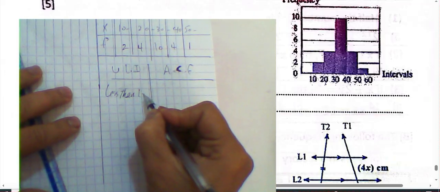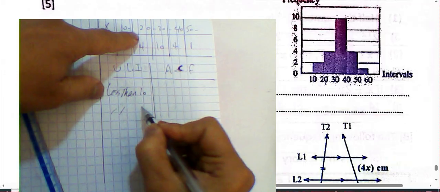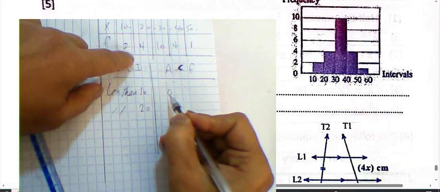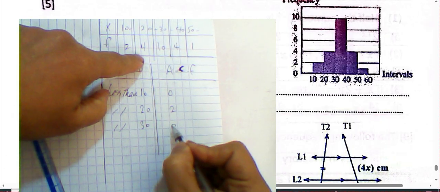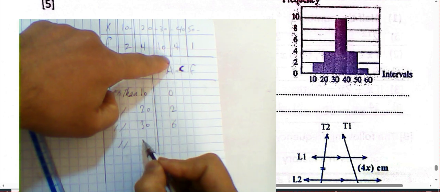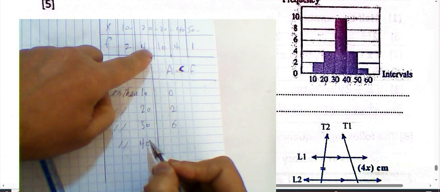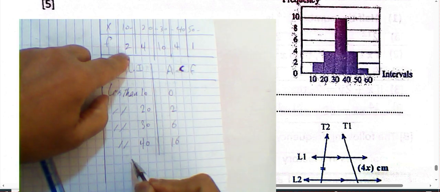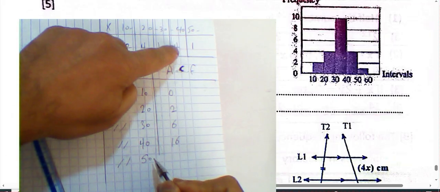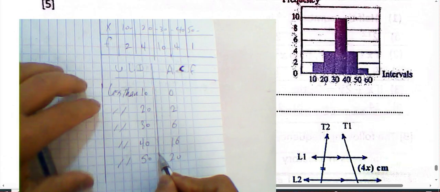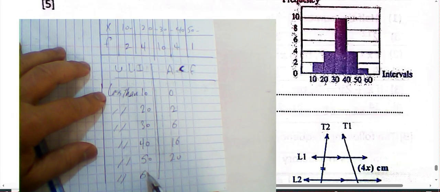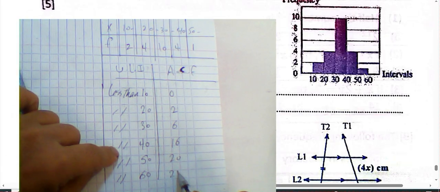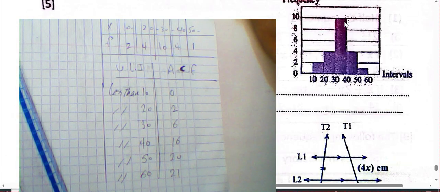Less than 10, it is 0; less than 20, it is 2; less than 30, it will be 4 plus 2 is 6; less than 40, 10 plus 4 plus 2 equals 16; less than 50, 4 plus 16 equals 20; and less than 60, 21. We collect 2 plus 4 is 6, 6 plus 10 is 16, 16 plus 4 is 20, 21.